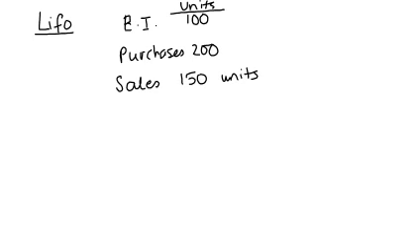Costing, beginning inventory at $10 per unit, purchases at $20 per unit. The next purchase is on August 30th. Same numbers as last time.